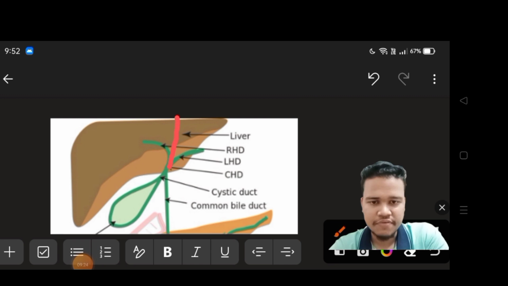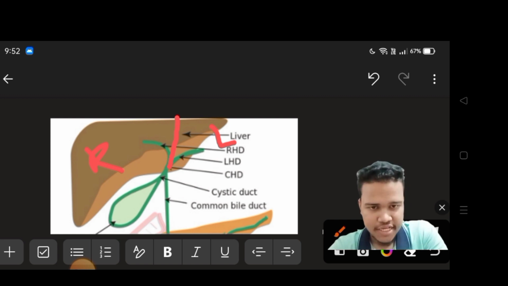So this is our right lobe of the liver and this is our left lobe of the liver. The quadrate and caudate lobes are situated at the inferior, or underlying, part of the liver, this part. In this part there are the quadrate and caudate lobes.